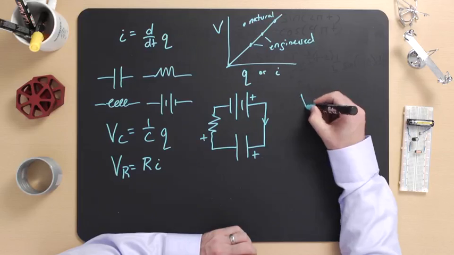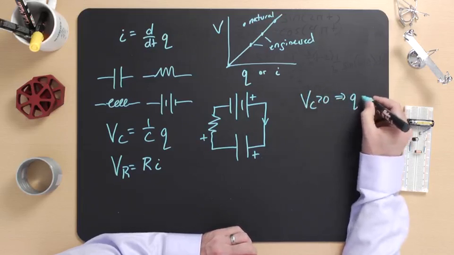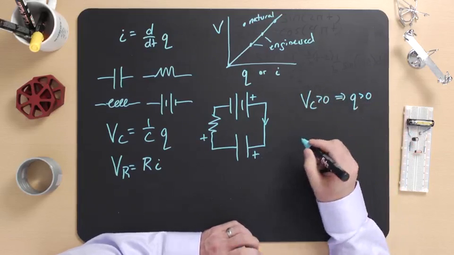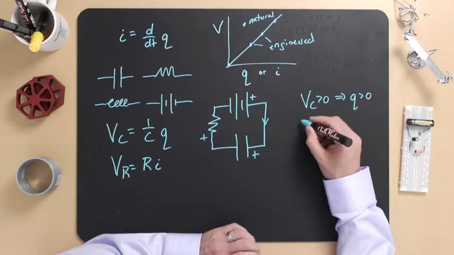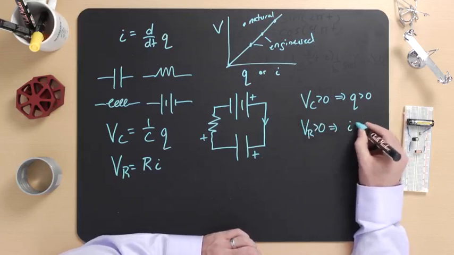Because of the constitutive law, the voltage across a capacitor being positive means that the charge on the capacitor must be positive. So V sub C greater than 0 implies Q greater than 0. The voltage across a resistor being positive means that the current running through the resistor must be positive. So V sub R greater than 0 implies I is greater than 0.